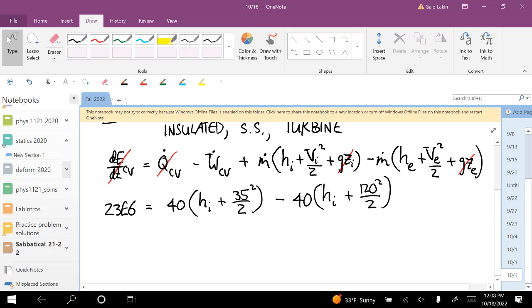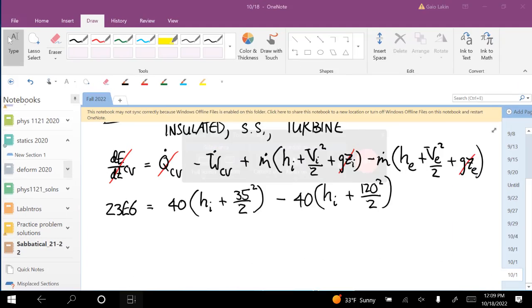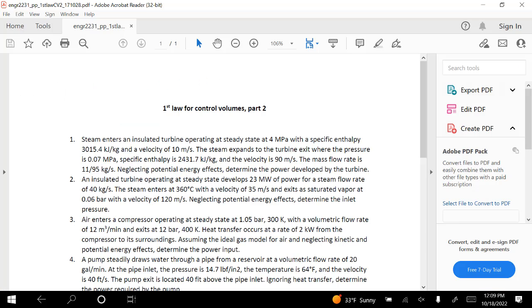So now we're down to one equation with 2 variables. And it says that it exits as a saturated vapor at 0.06 bar. Well, since it's a saturated vapor, the pressure by itself is enough to look up any other properties. So you can look up the specific enthalpy at that pressure.